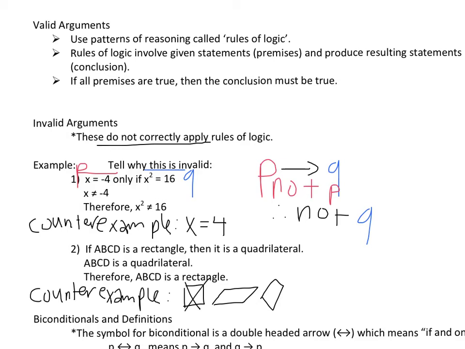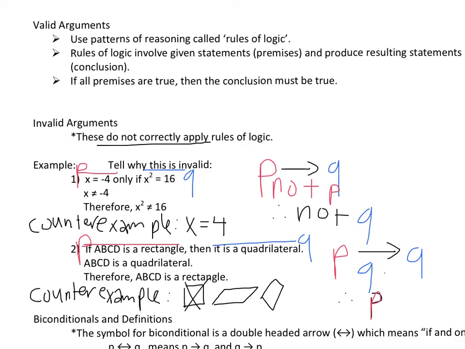To make it more clear, let's break it down into our P's and Q's again. So if ABCD is a rectangle, is our P, then it is a quadrilateral, Q. So we can say if P is true, then Q is true. The truth statement here that we're really focusing on is, okay, ABCD is a quadrilateral. We know that. The conclusion they made was that ABCD is a rectangle.